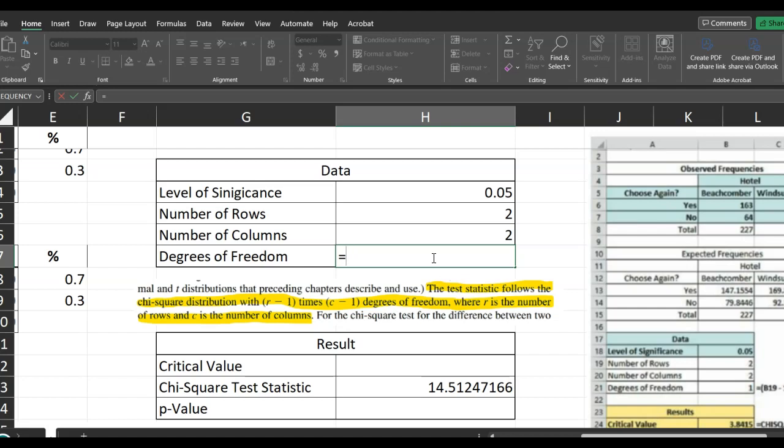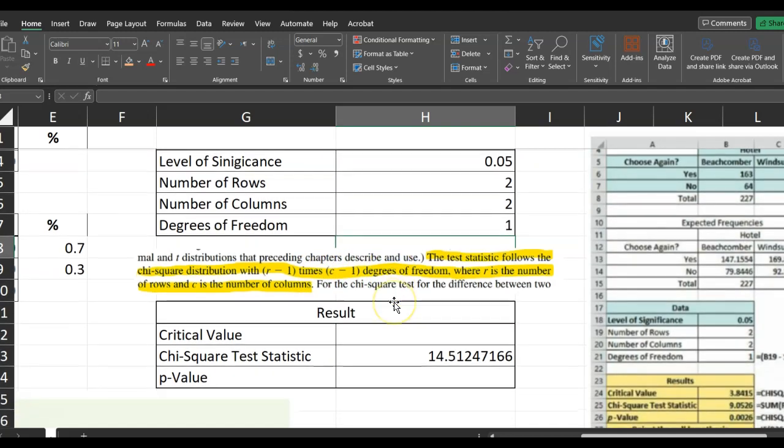So I open a parenthesis, select the number of rows, minus 1, then multiply by open a parenthesis, number of columns, minus 1, close and enter. That's the formula applied there. I highlighted this sentence from your textbook, for reference.